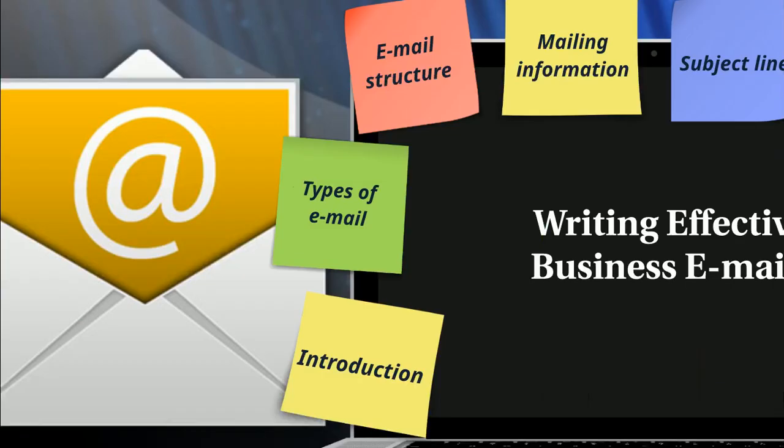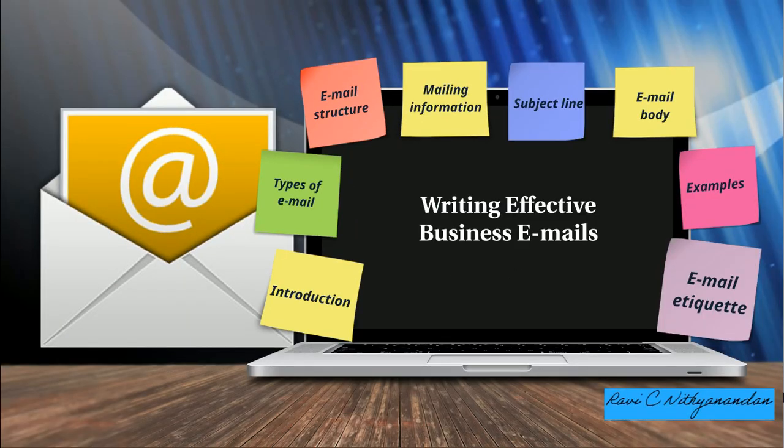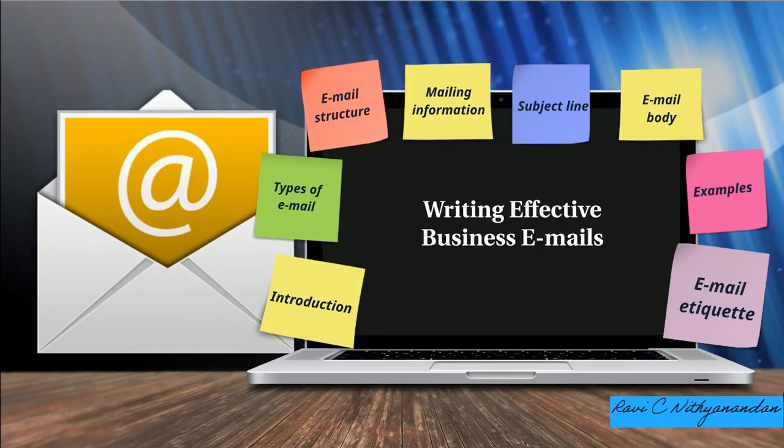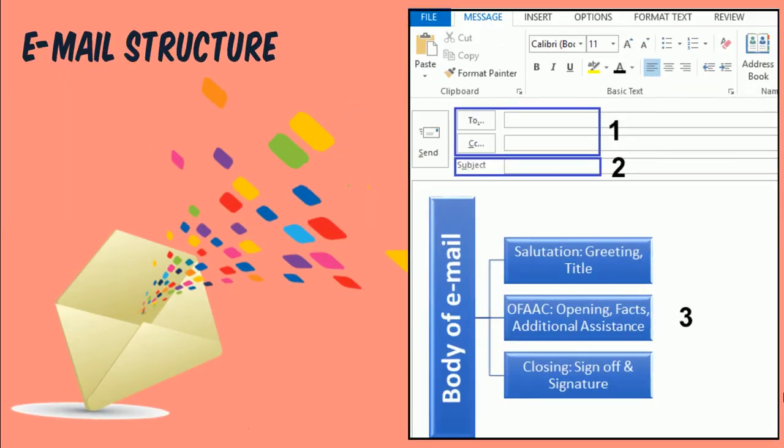Let us move to the next section and look at the structure of an email. An email has different parts, and I have highlighted section 1, 2, and 3. The first section, the To, the CC and the BCC, this is called your mailing information.